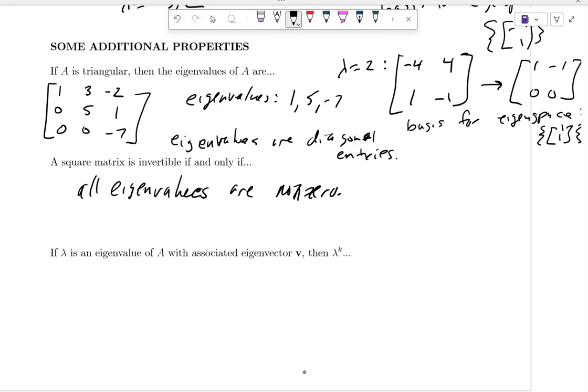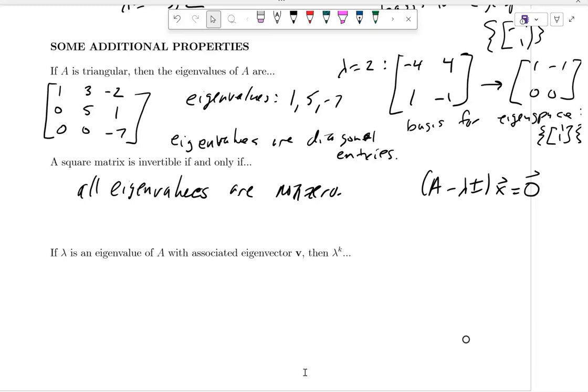If all eigenvalues are non-zero, then you have an invertible matrix. Think about it again. Remember, this is the system that we're trying to solve, right? If this thing is invertible, then we'd only have the trivial solution, right?